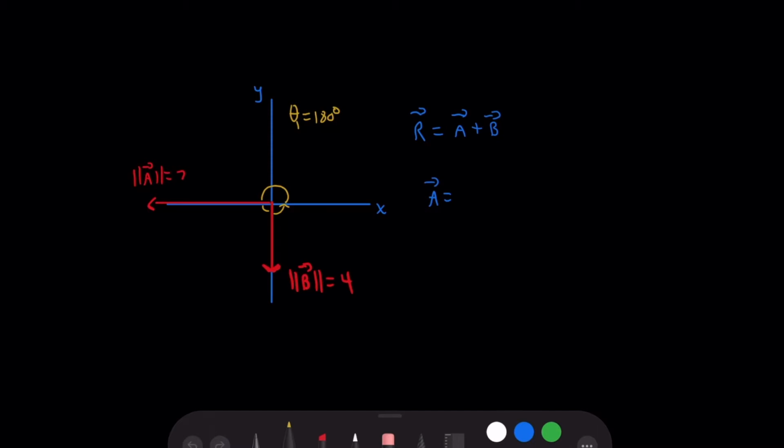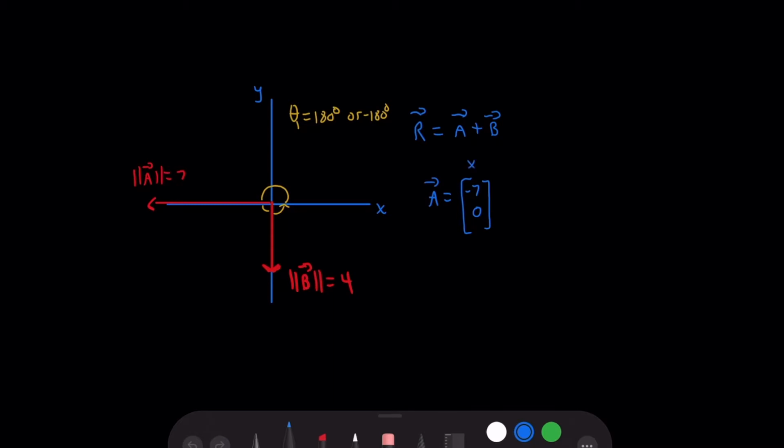And numerically, if we were to say it is going clockwise, it would be negative 180 degrees. And so what we should have here is, again, a's x component is going to be negative 7, 0.